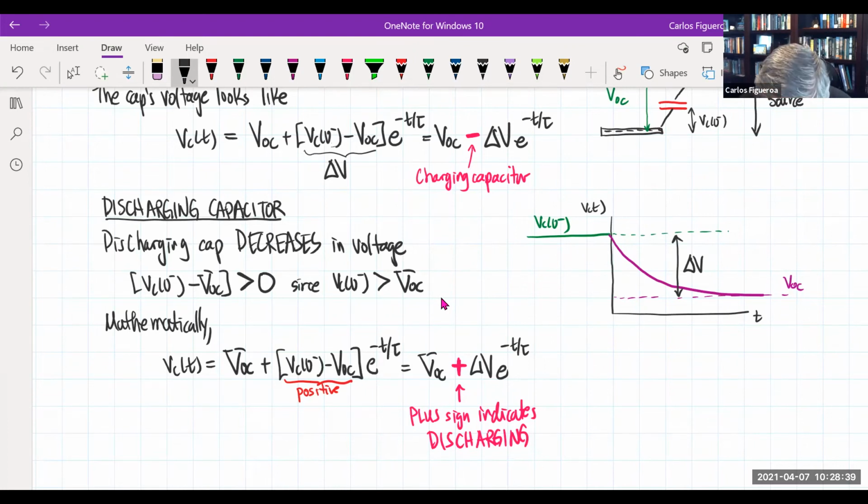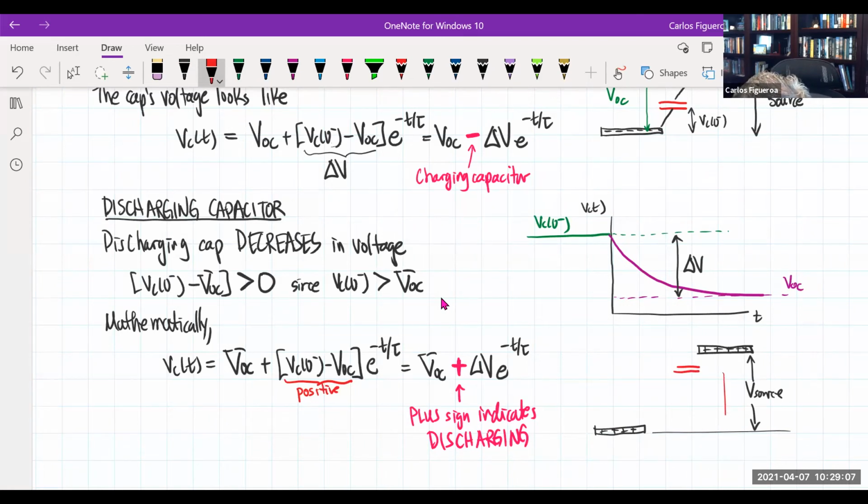And then again, the same picture that we drew before. What does this mean physically for the source and the cap? Well, you can see that this guy again is my source voltage. And now when I look at my capacitor, it started off here.